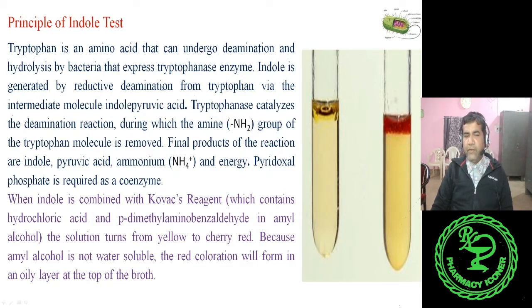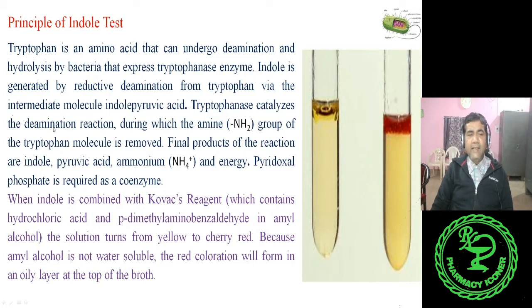So, if tryptophan is there in your culture media, and the organism has tryptophanase, that is, if it belongs to a particular type of bacterial species, then they will produce indole via the intermediate molecule indole pyruvic acid.